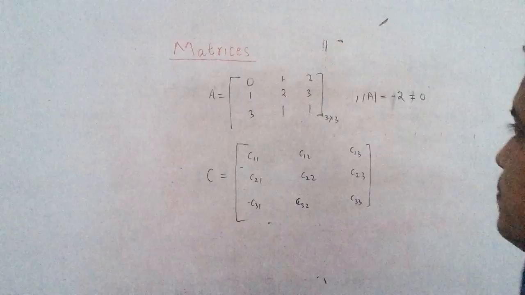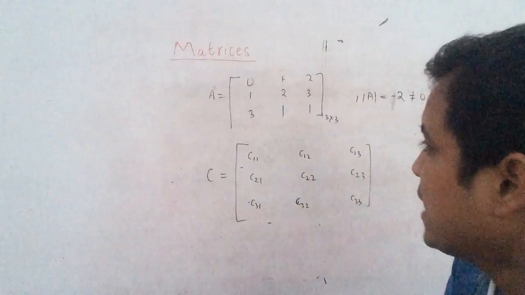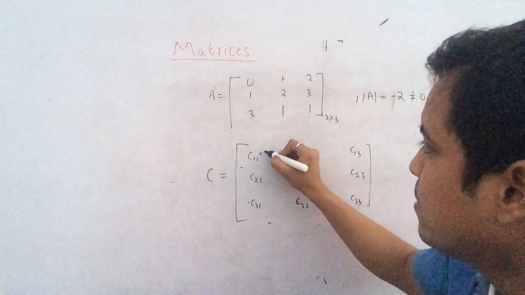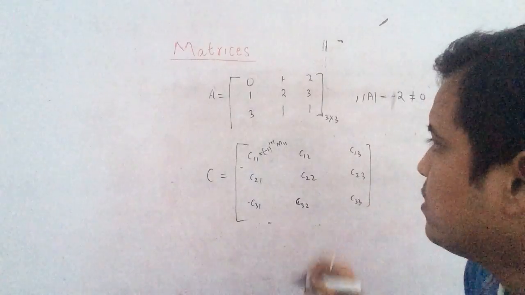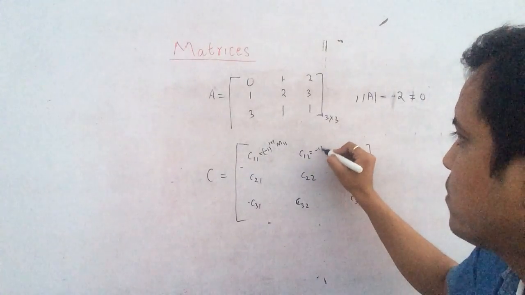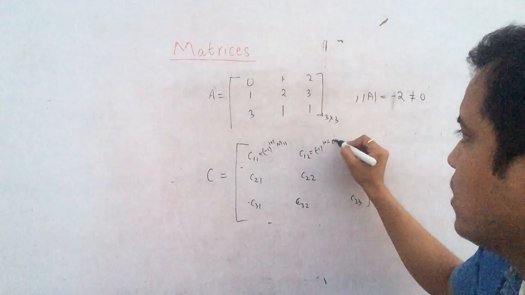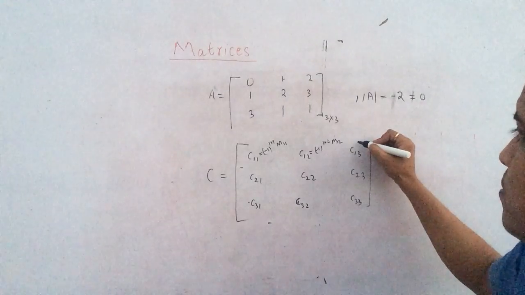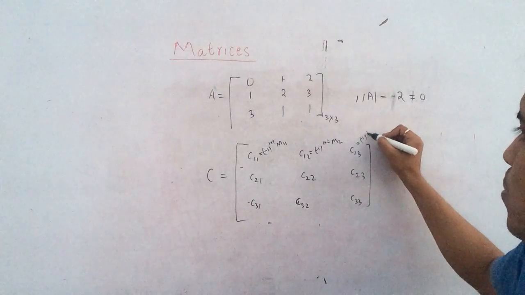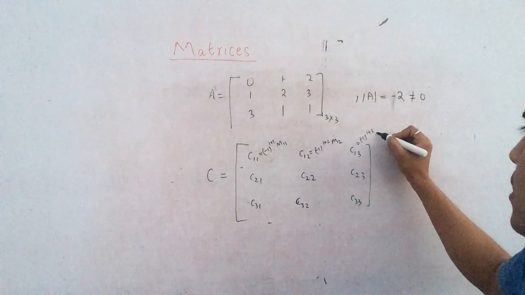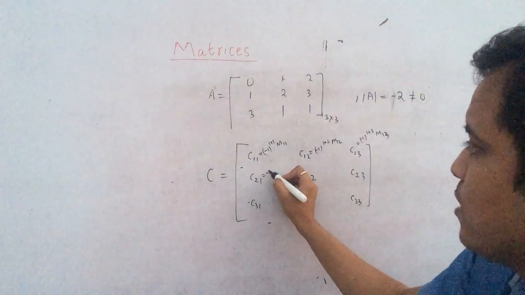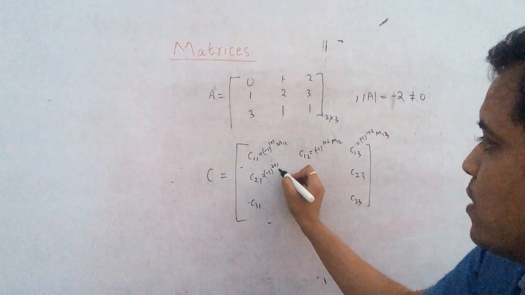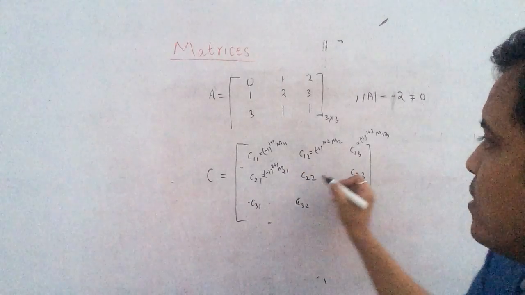How would you find this? C11 would be minus 1 raised to power 1 plus 1 M11. C12 would be minus 1 raised to power 1 plus 2 M12. C13 would be minus 1 raised to power 1 plus 3 M13. C21 is minus 1 raised to power 2 plus 1 M21.